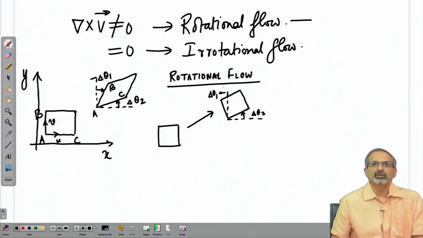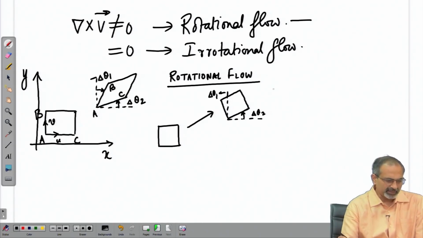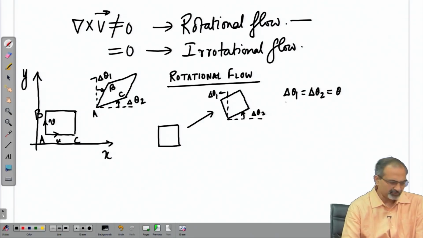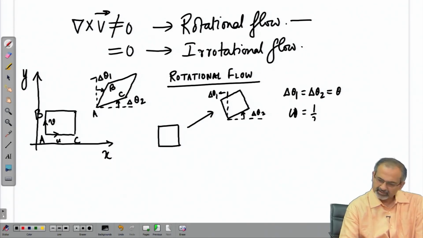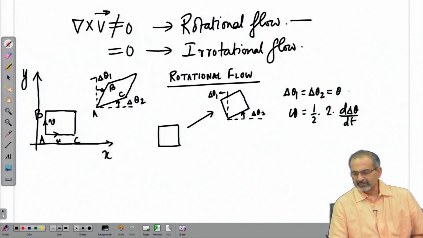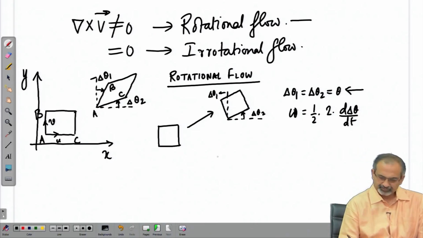Remember that the counterclockwise direction is considered positive, and therefore, it executes rigid body rotation where delta theta 1 and delta theta 2 are equal. Therefore, omega will be half of 2 times d delta theta dt. So, it essentially accounts for twice the effect because the angles are equal.